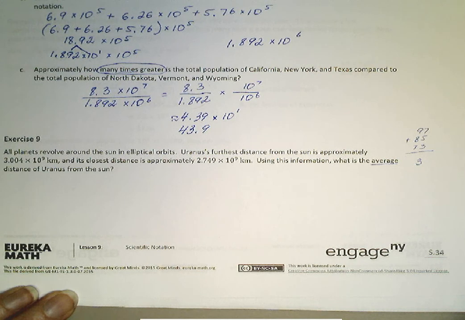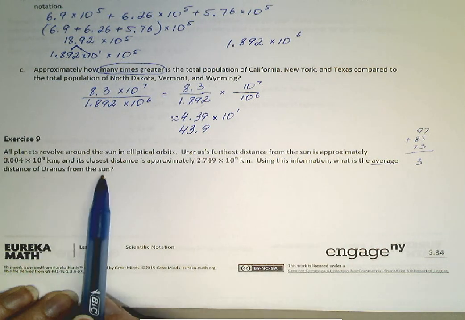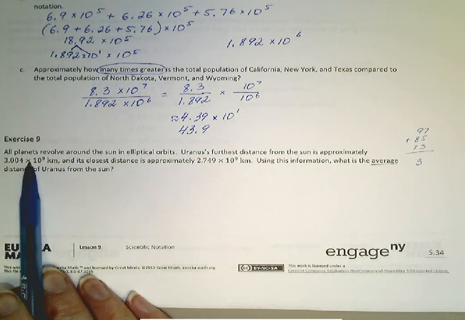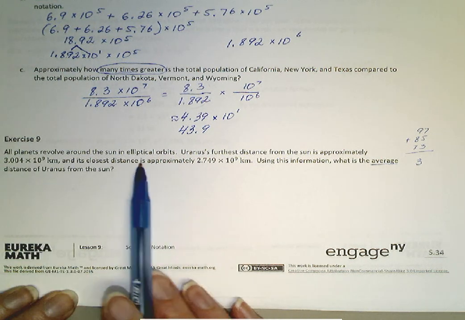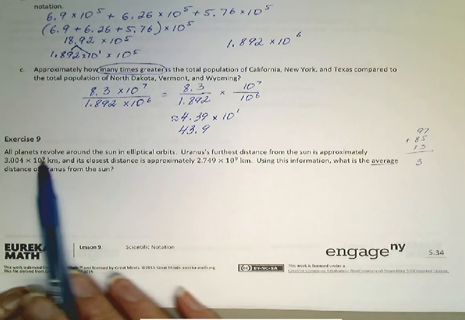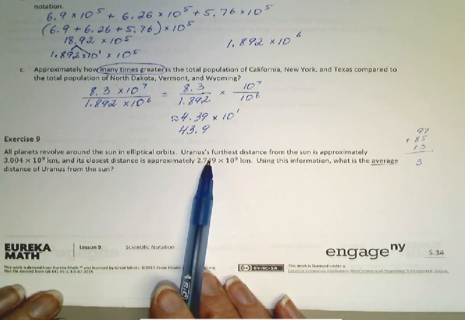So how do I find the average distance of Uranus from the Sun? We know that its furthest distance from the Sun is this one, and the closest distance is this one. What I want to do is combine the distances and divide by the 2 distances.